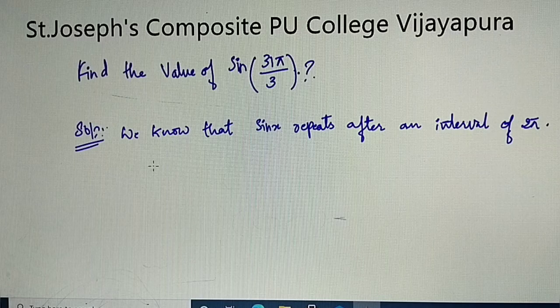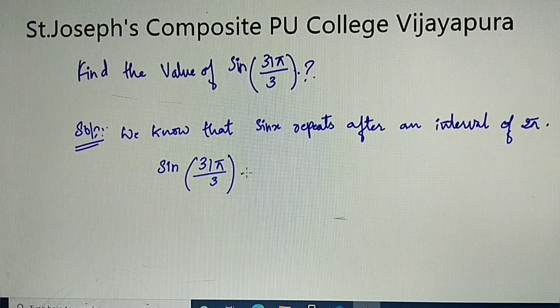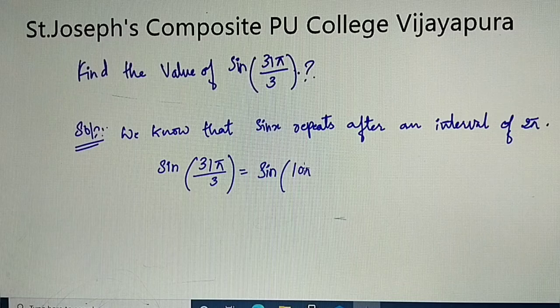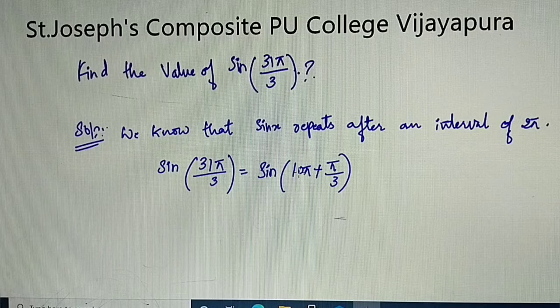Therefore sine of 31 pi by 3 can be written as sine of 10 pi plus pi by 3. Because when you take the LCM, 3 into 10 is 30, 30 plus 1 is 31. So I will write 31 pi by 3 as 10 pi plus pi by 3.